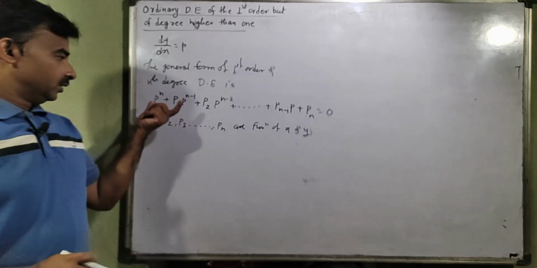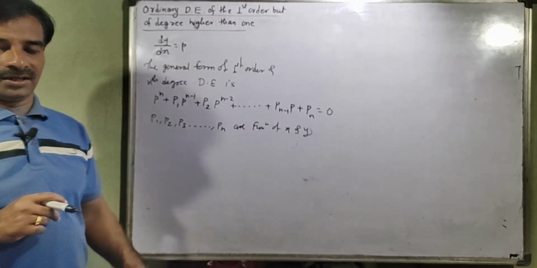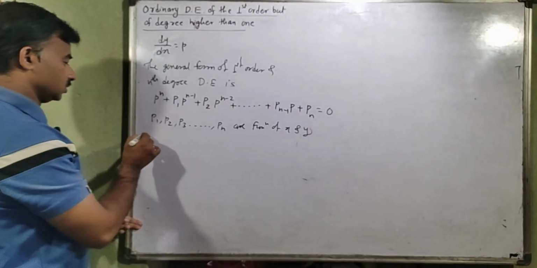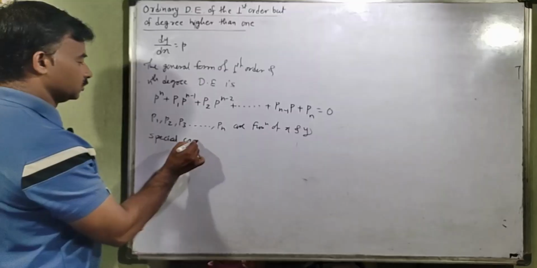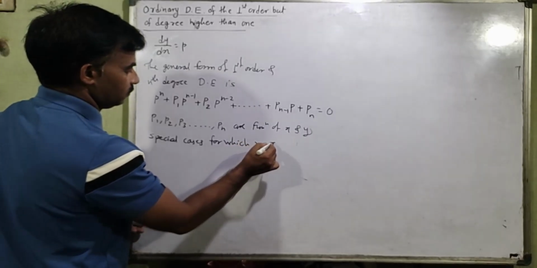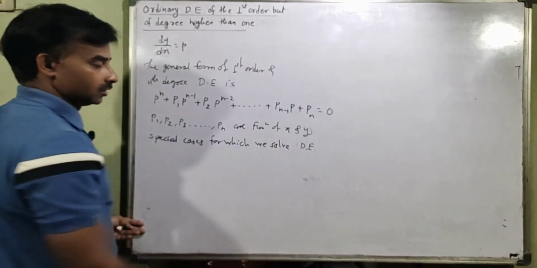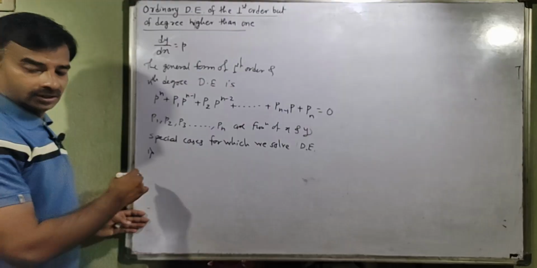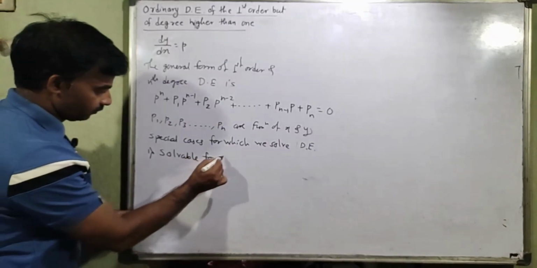and this equation is not directly solvable. It is solved for particular conditions or particular cases, and those special cases for which we solve this differential equation especially, those are the different types: solvable for p only.